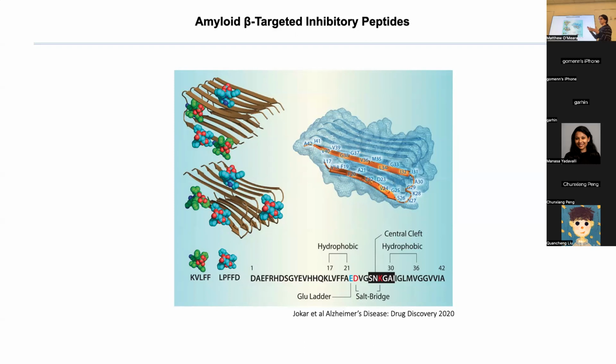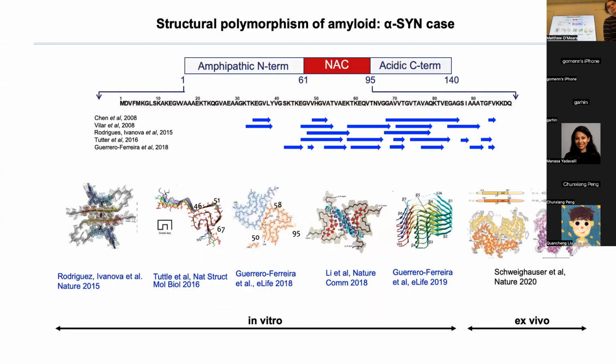This is a different route to having the structure of the full length. Then you can use that structure to design a peptide which will prevent the extension of the amyloid fibrils. Here I'm going to skip this because of the restriction of time.